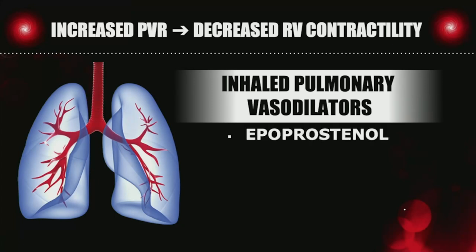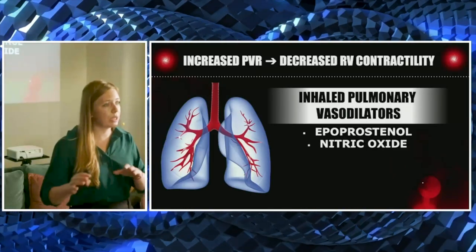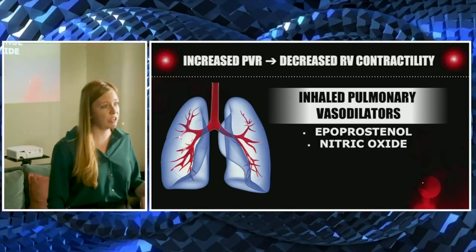There's been equal data showing that epoprostenol and nitric oxide, both inhaled agents, are pretty safe and don't cause systemic hypotension and will cause just direct vasodilation of your pulmonary vasculature. And it's actually really good. These agents have shown good efficacy in improving not only hemodynamics, but oxygenation and your VQ mismatch.